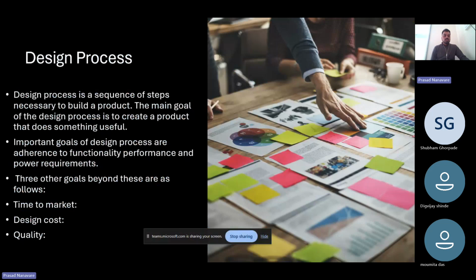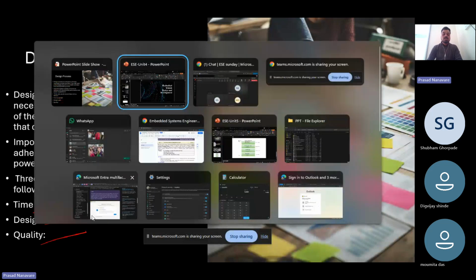Then we started to study the basic design process, how it was in early times, how it has evolved with time, and how it is currently. As I told you, there are 3 important points when designing a system: time to market, design cost, and quality.